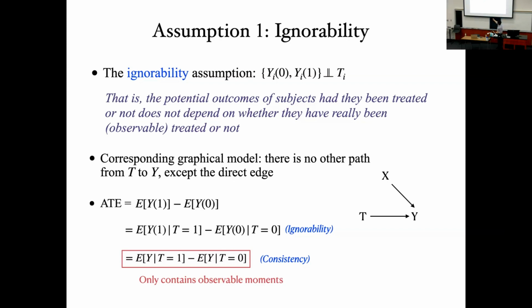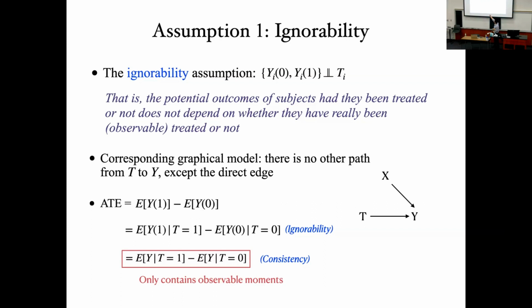And then, given that, we can do the following. Suppose we want to find the average treatment effect. We want to find the expectation, because we want to get rid of the index of the subject. And then this is trivial. We just have the expectation of this given T1 minus the expectation of this given T0. Why? Because T and Y are independent, so you can condition on that.